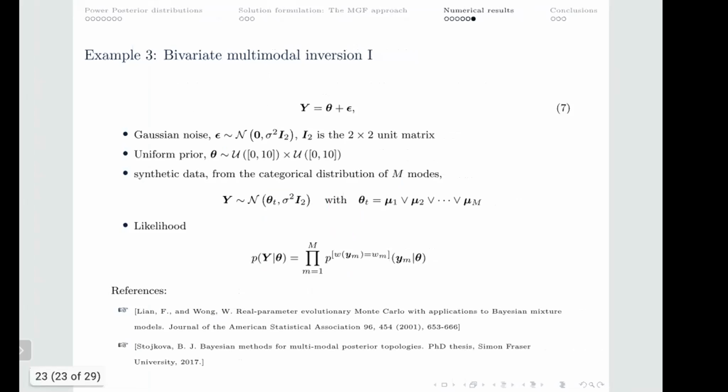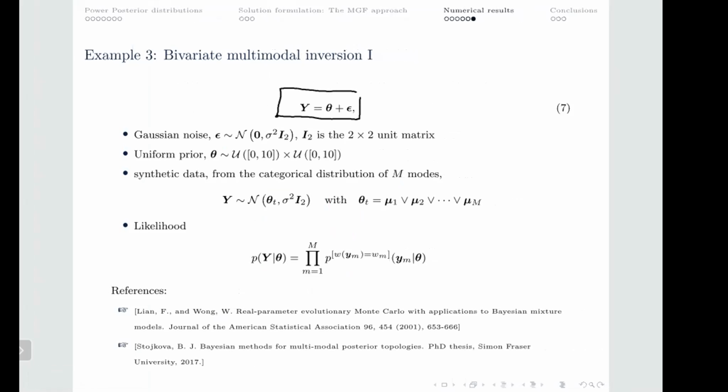The third example is multimodal inversion. So we also consider a very simple problem, y equals theta plus epsilon. But the thing is that now we suppose that the data are from a categorical distribution of M modes.